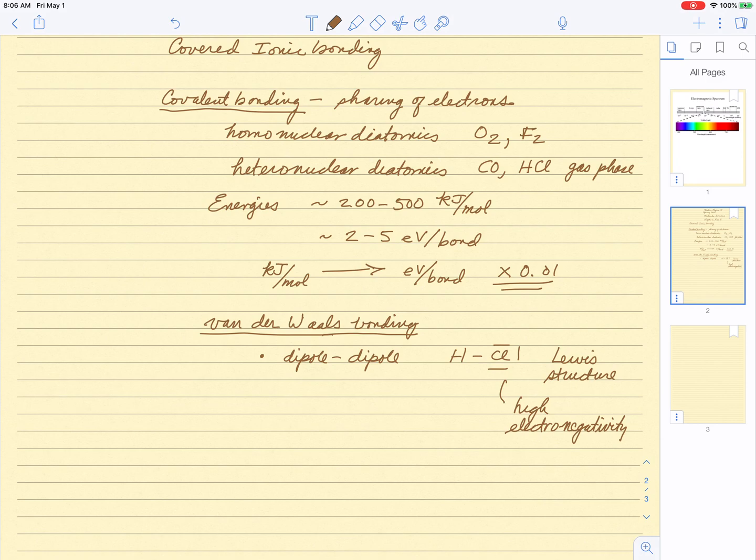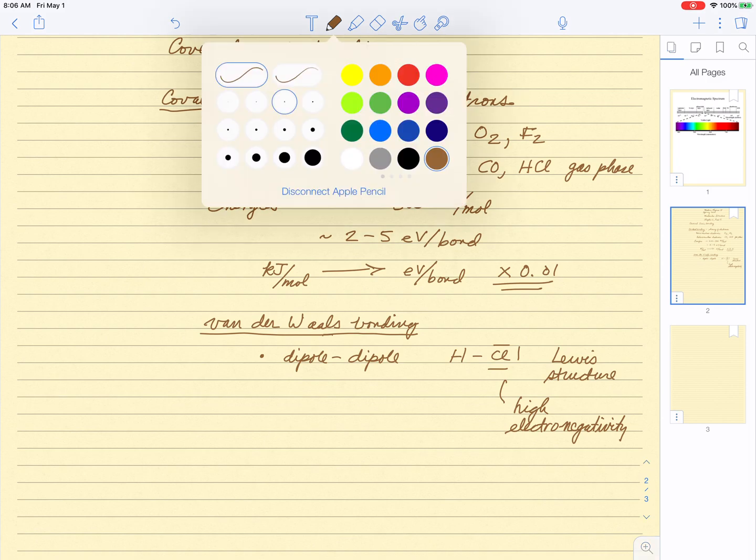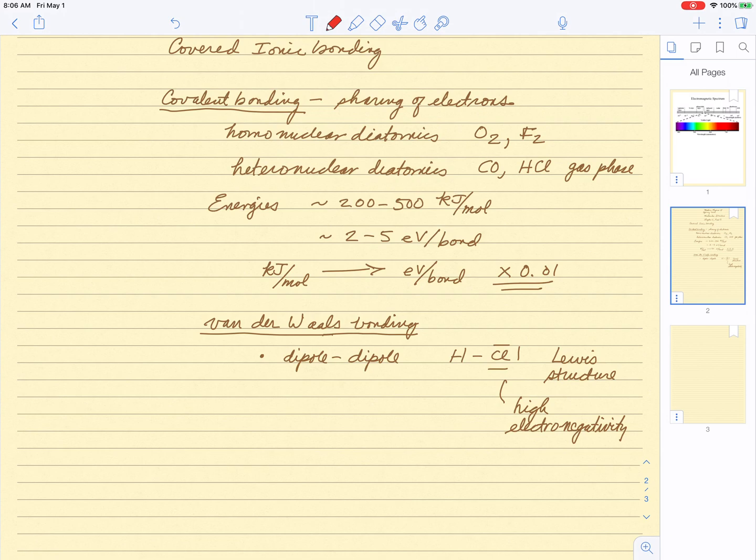Electronegativity is a measure of how much an atom likes to have electrons, and so one can think of hydrogen chloride. Again, this is gas phase. Again, this is why this is complicated.